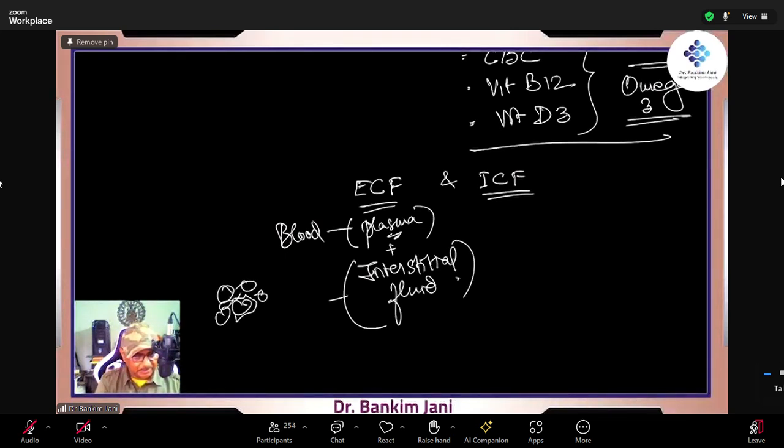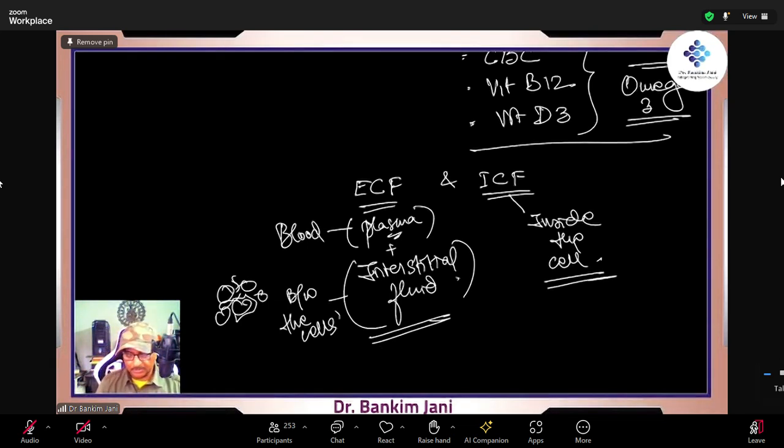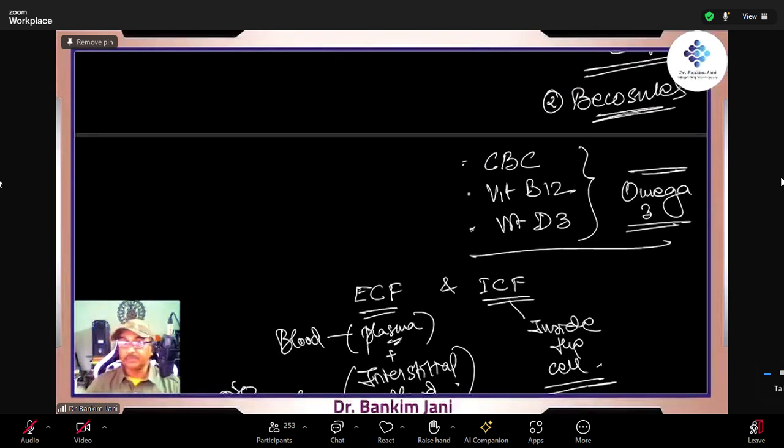For example, the space in between the muscle cells is called the interstitial space, and that space has fluid, called the interstitial fluid. So anything other than blood is interstitial. And ICF is what is inside the cell. Last time we discussed in detail all those conditions, and that such a big portion is of blood.